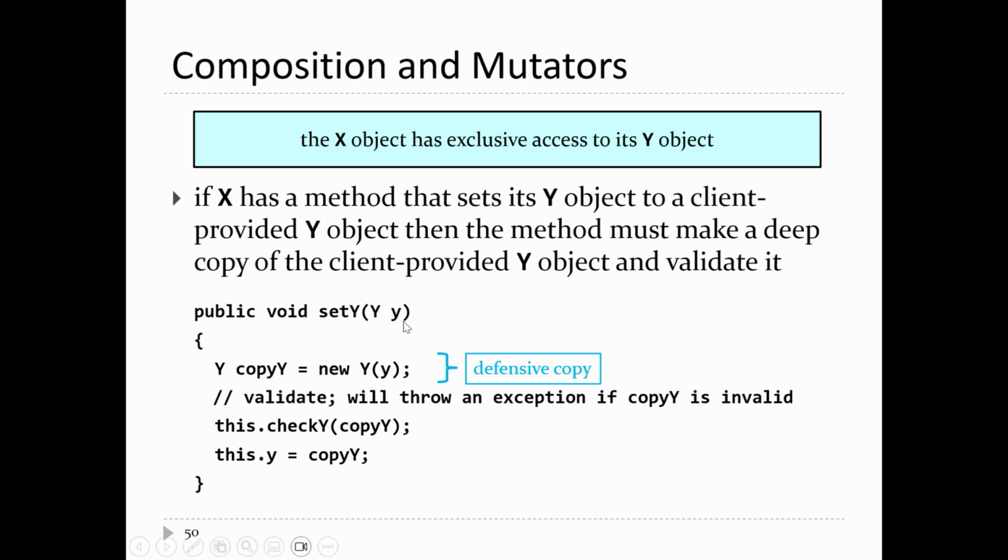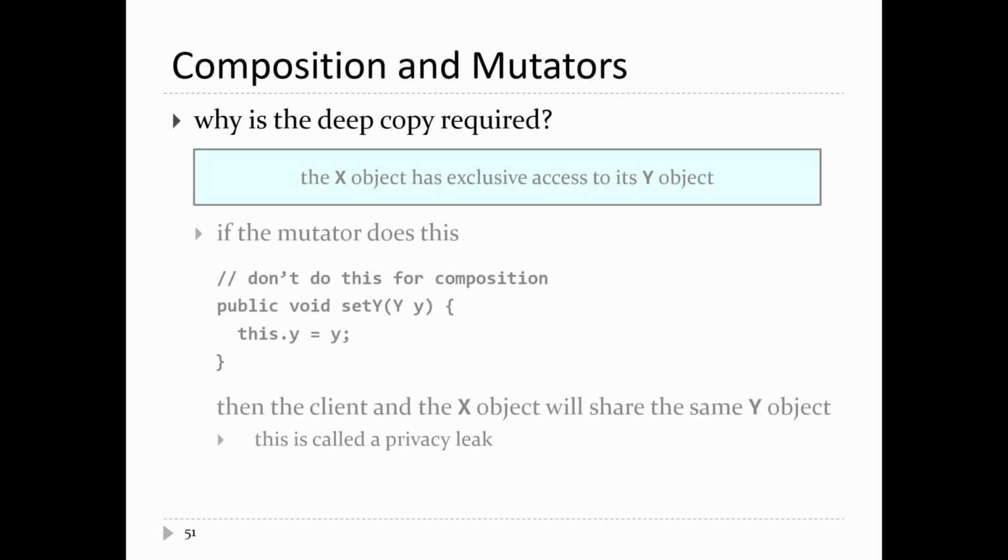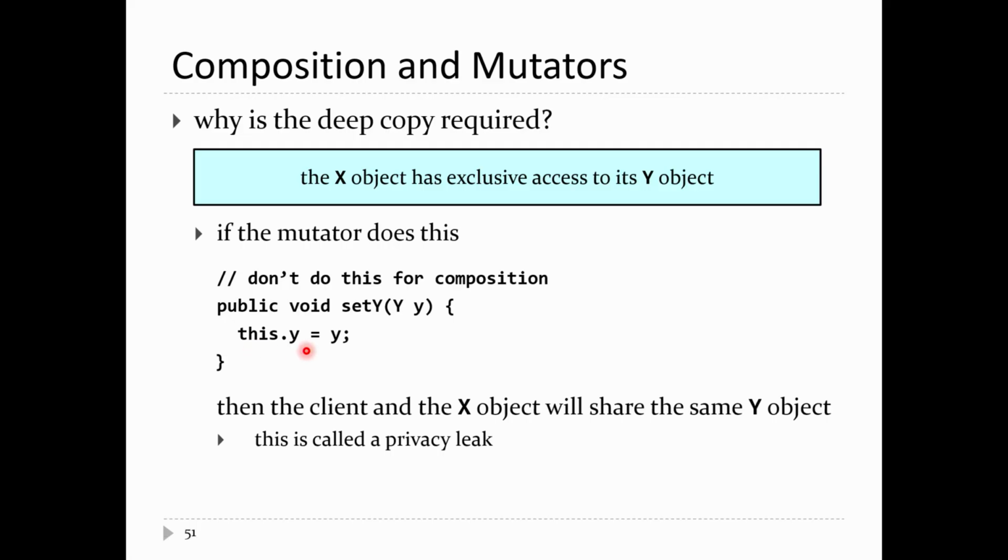If there are any preconditions on that, validate the copy, then assign your internal field to refer to the copy. If you instead assign the incoming object directly, you're saying that your Y object is the exact same Y object as whatever was passed into the method. So you're sharing your internal Y object with the caller. Again, you have a privacy leak here.